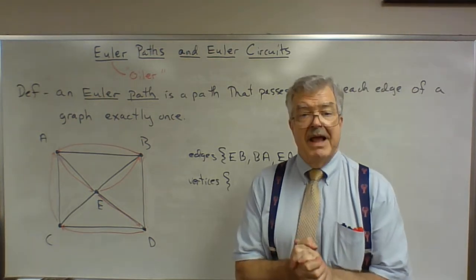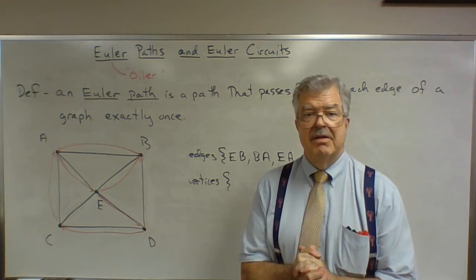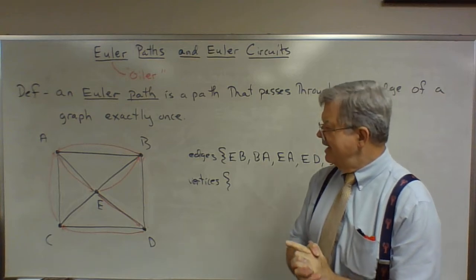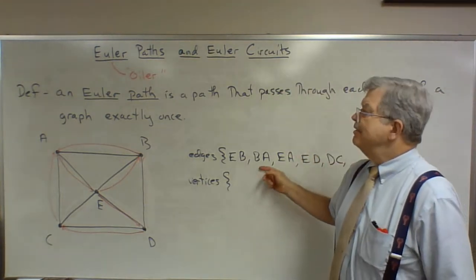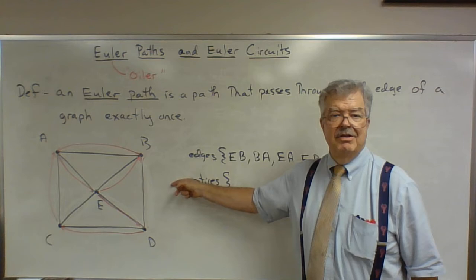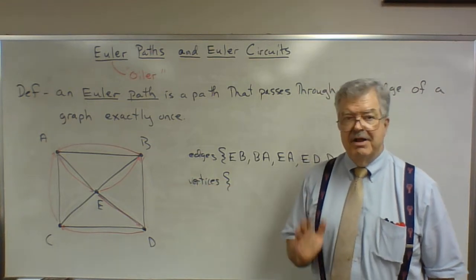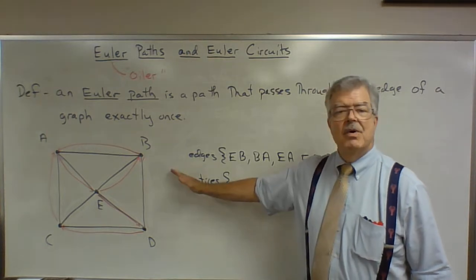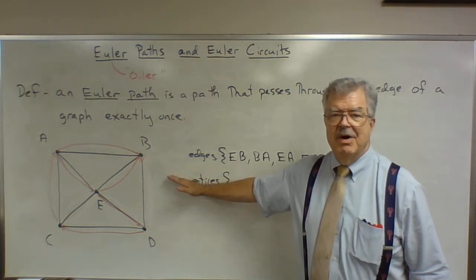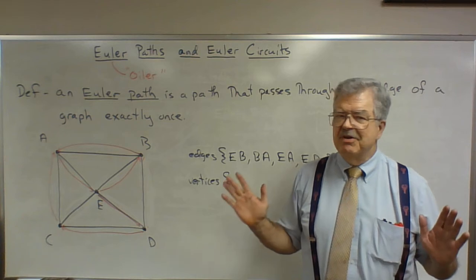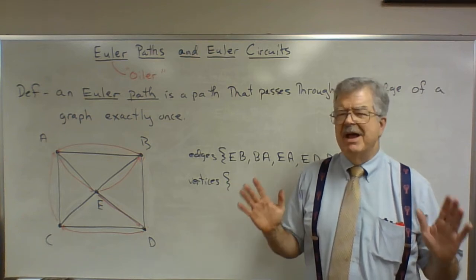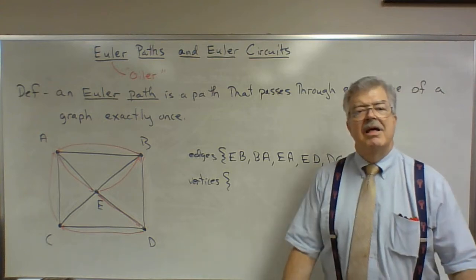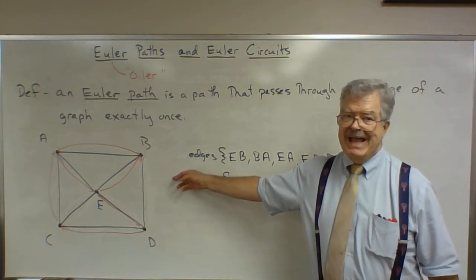But it turns out that there's a mathematical reason why I couldn't draw an Euler path on this graph. It turns out that it's impossible. No matter what my choice of edges was, first edge, second, third, or my sequence of vertices, it wasn't going to happen this time.